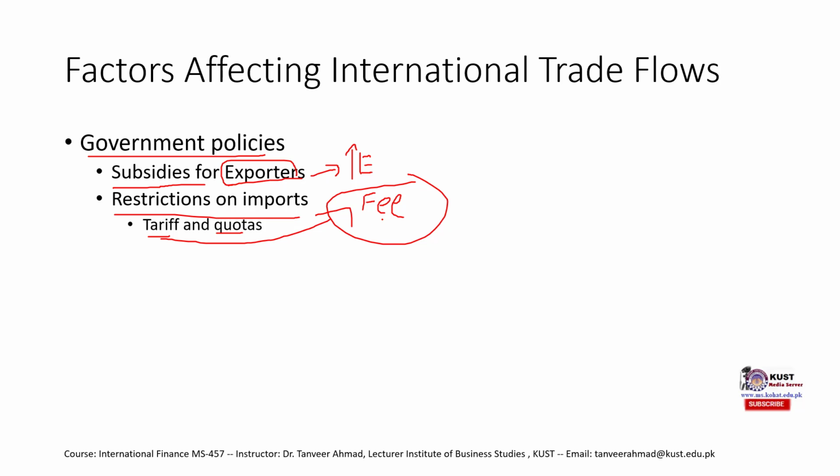So why is the government imposing these restrictions, these custom duties or tariffs on these imports? The reason is to reduce imports so that the import would decrease, right? And when the import would decrease, obviously the currency of that specific country would appreciate, or it wouldn't have downward pressure.